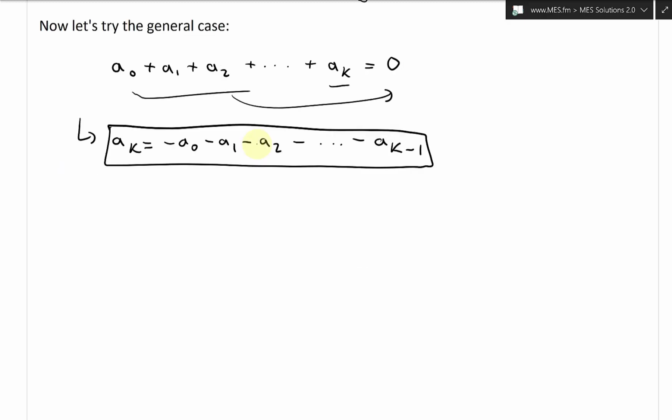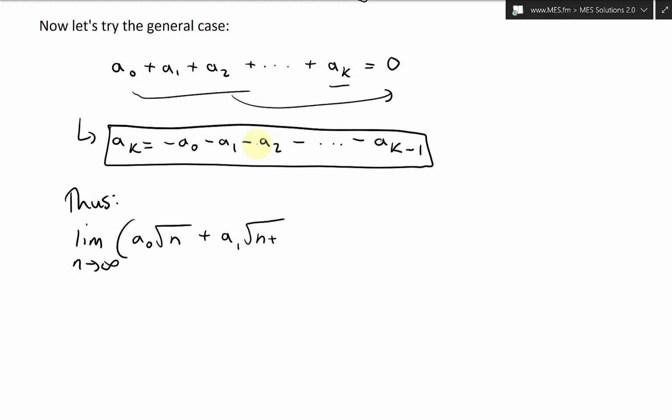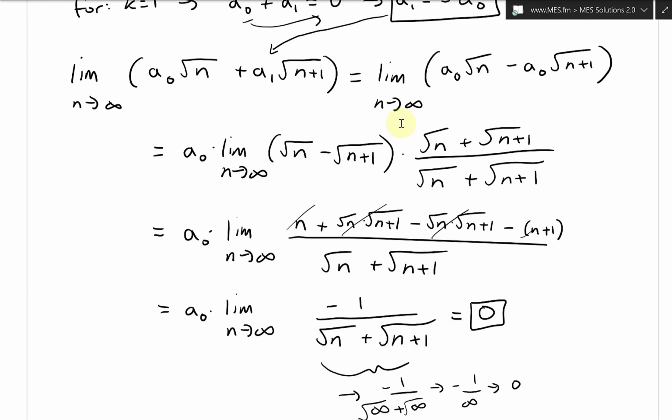All right, so thus we have the limit as n approaches infinity of a0 square root n plus a1 square root n plus 1. And let's just go back to the limit, how it looks.